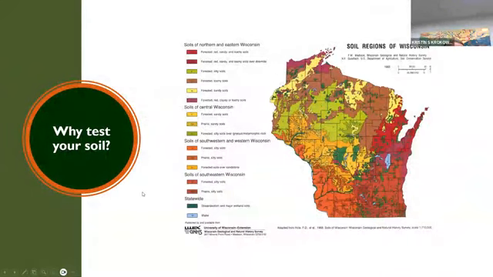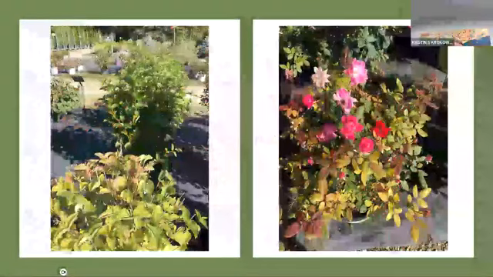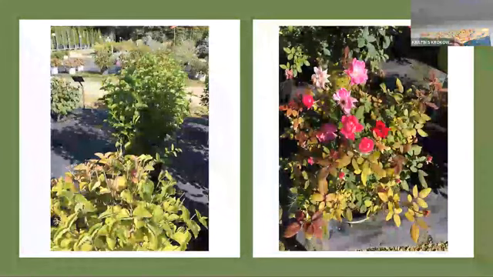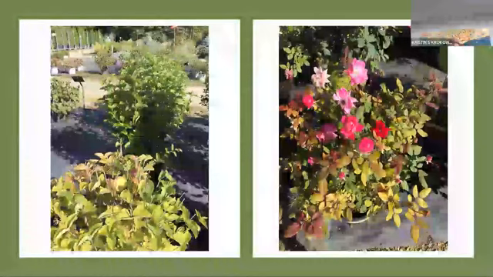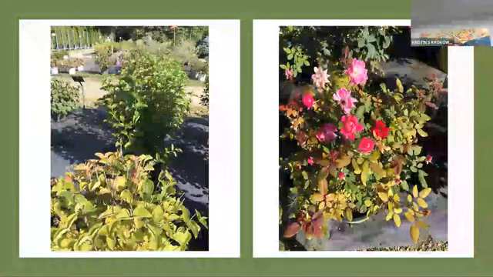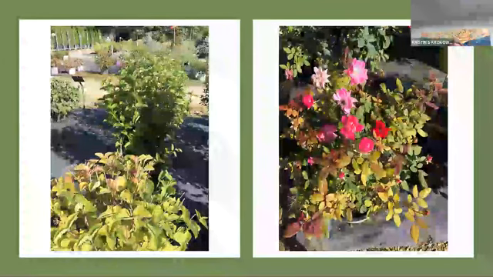So let's take a look at one of the reasons. These are some pictures that I recently took. You can see both the rose and the other plant on the front of the screen are experiencing extreme nutrient deficiency. This is because they've been watered with water of a pH of 9.